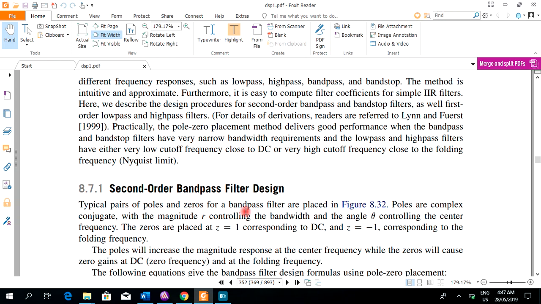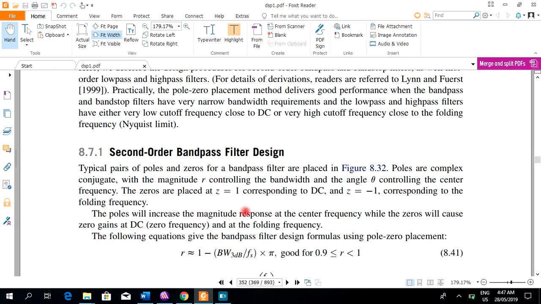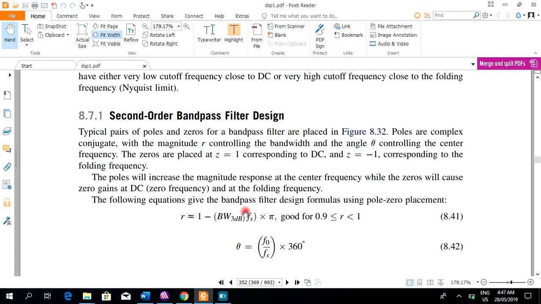If we want to design a second order band pass filter, we just calculate the magnitude. In these factors, R is the magnitude controlling the bandwidth, and angle theta controls the central frequency.